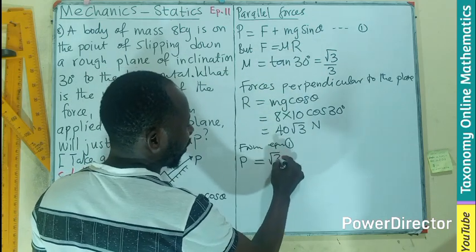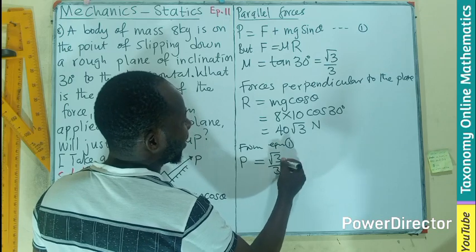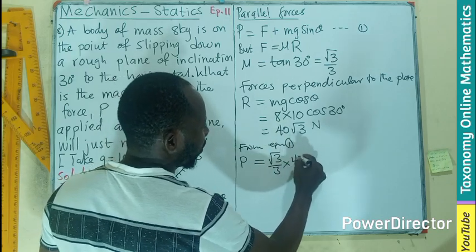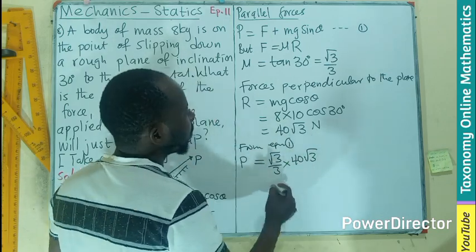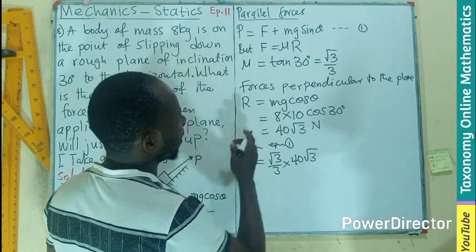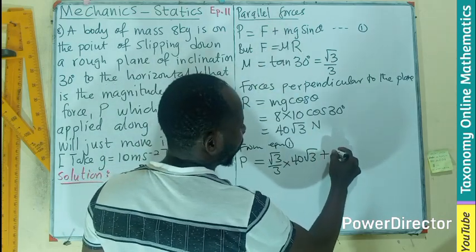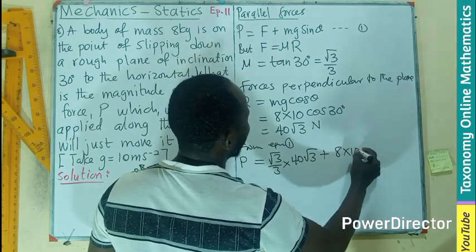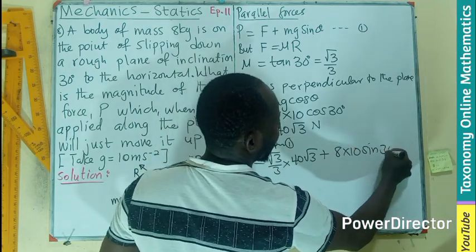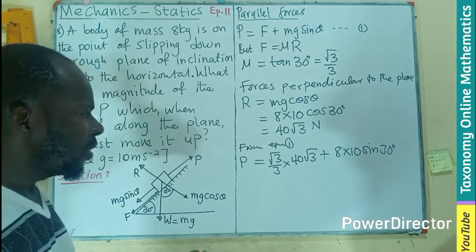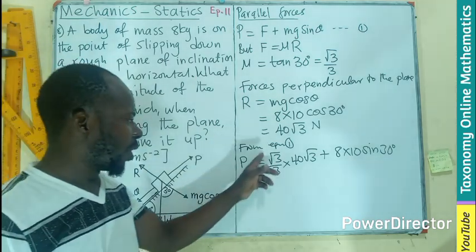So root 3 over 3 times the normal reaction 40 root 3, plus m times g times sine 30, which is 8 times 10 times sine 30.